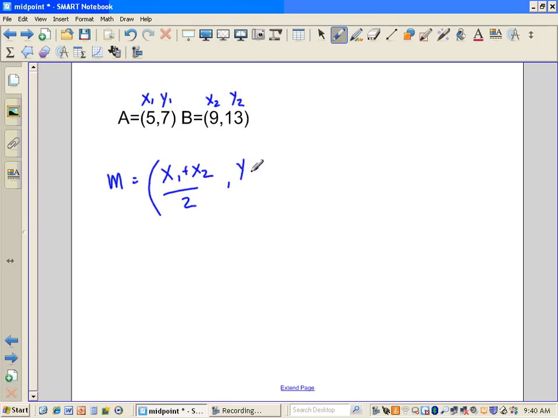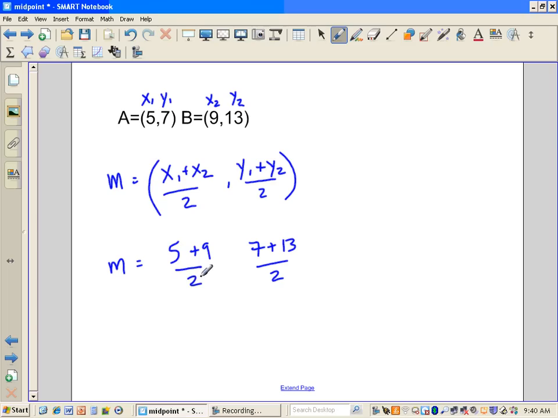And we're going to take y1 plus y2 divided by 2. Okay, so the midpoint is going to be (5 plus 9) divided by 2 and (7 plus 13) divided by 2. Make sure you add before you divide.